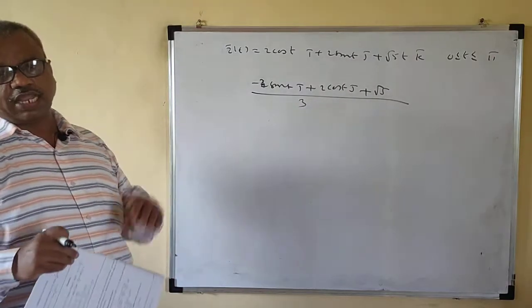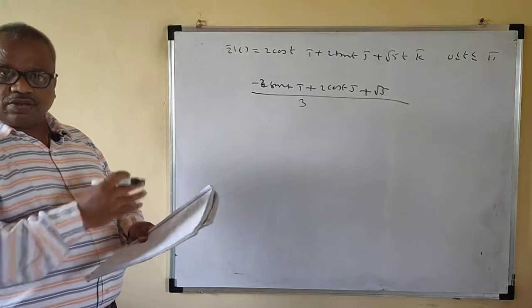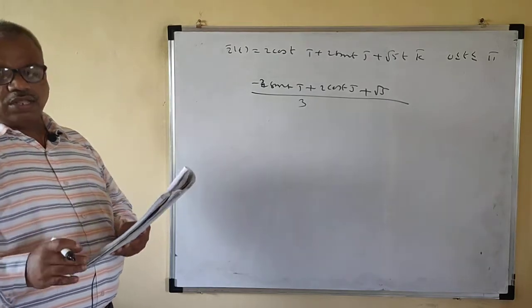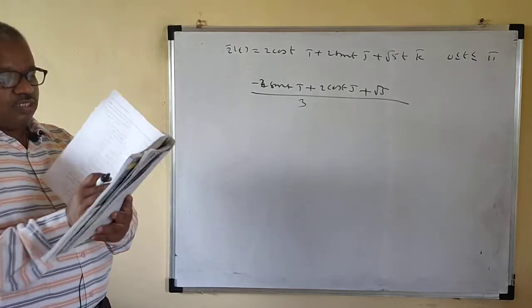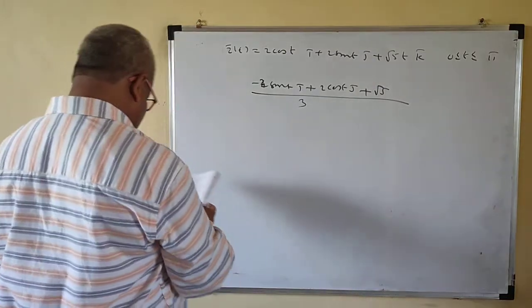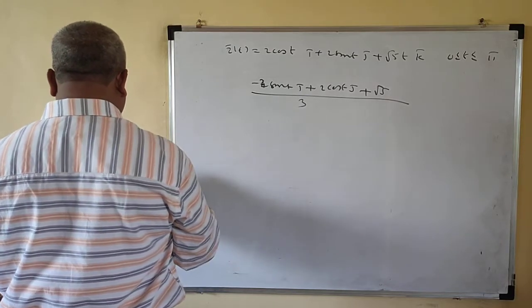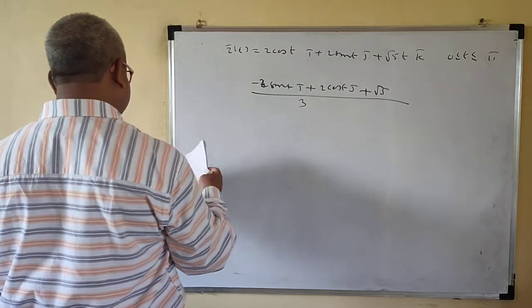So this will be the unit tangent vector. Easily you can obtain the unit tangent vector also. You just have to differentiate that one and divide by the norm of that one. So easily you can find the arc length of this, and the unit tangent vector also.